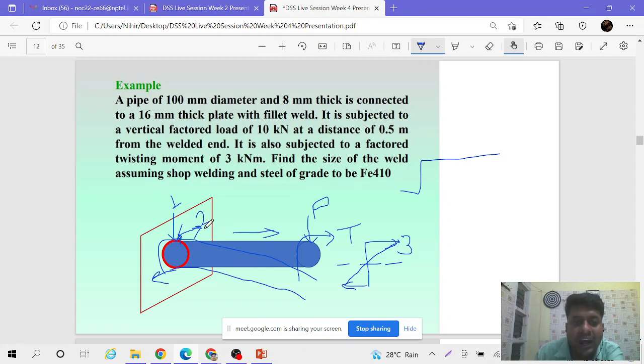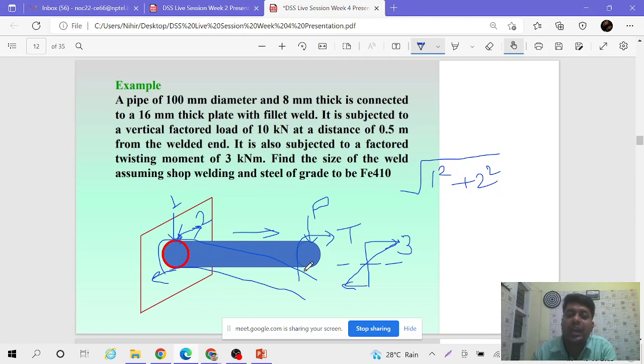Stresses 1 and 2 are acting in the same plane, so we just have to do a vector summation: 1 square plus 2 square. This is what we do for the calculation of the resultant shear stress.